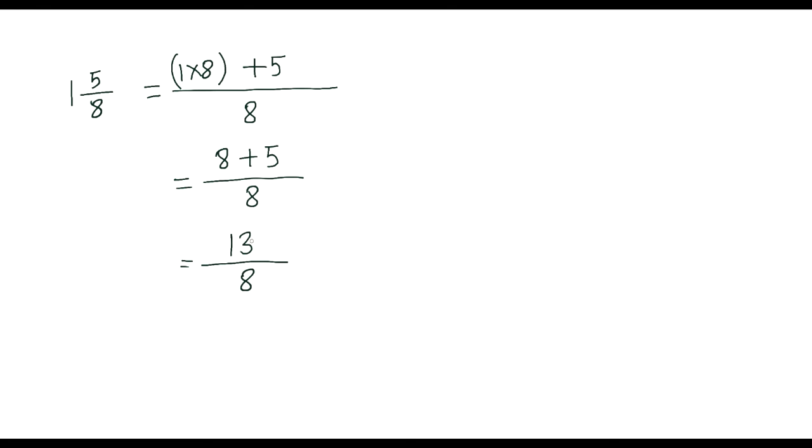On the top we have 13 and in the down we have 8. So the improper fraction will be 13 on 8. This number and this number are of the same value but in different expressions. So this is the mixed number we have and this is the improper fraction we have.